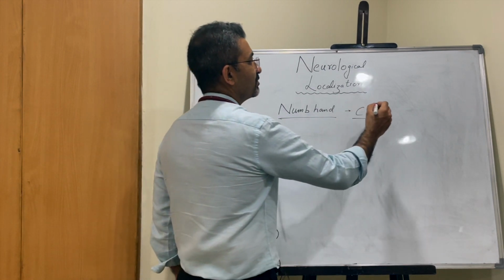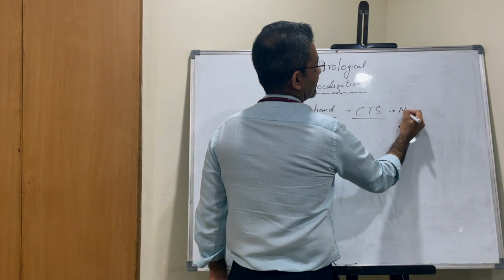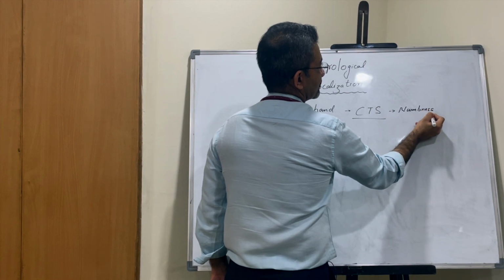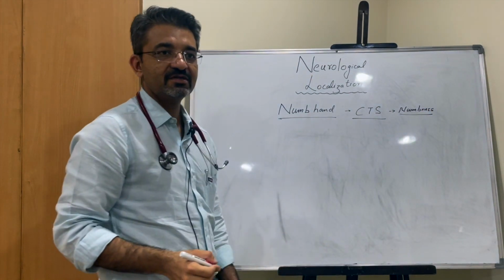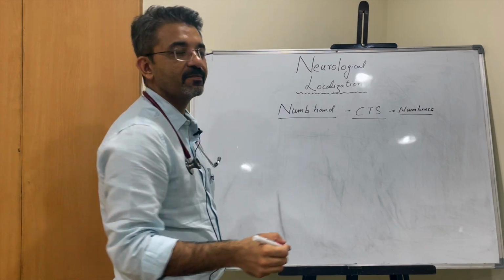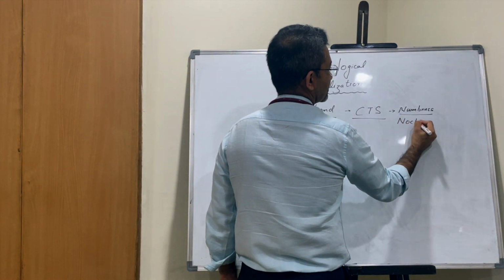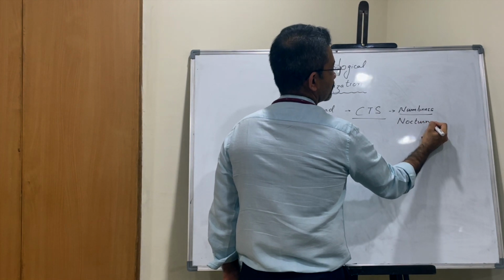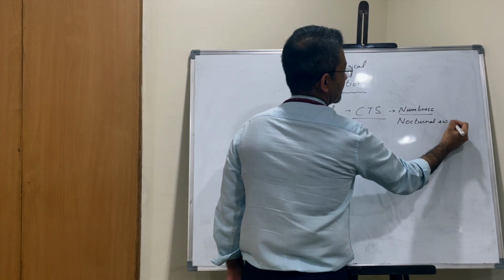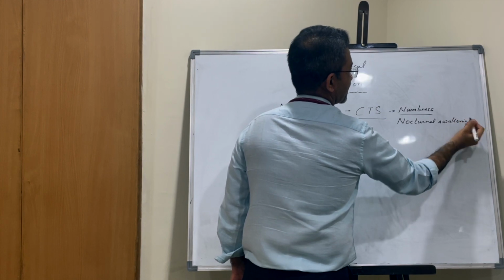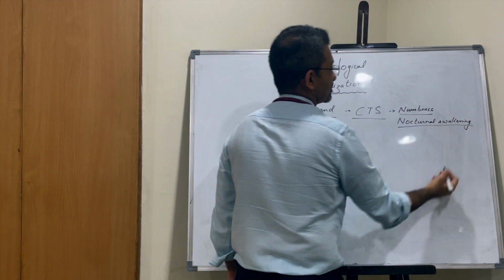Usually numbness, and one of the most striking features of carpal tunnel syndrome is nocturnal awakening. The patient will predominantly complain of nocturnal awakening due to pain and numbness. This is pathognomonic of carpal tunnel syndrome.